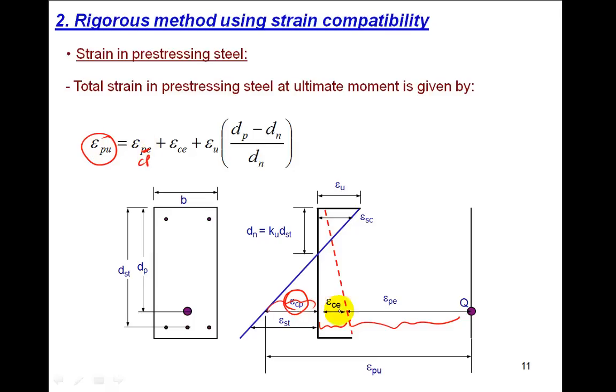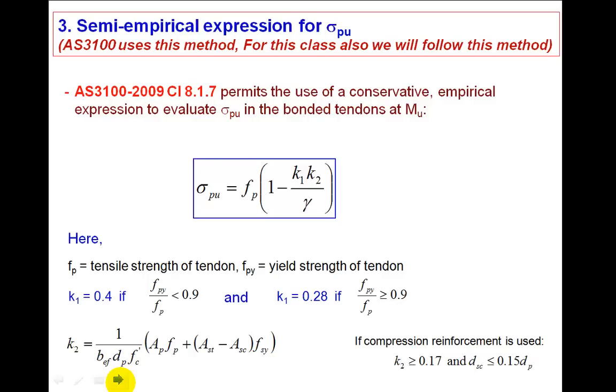So epsilon CP plus epsilon C plus epsilon, sorry, this is epsilon P, yes, fine, and this parameter is epsilon CP. So you will have the total prestressing strain here, and you know whether it is yielding or not yielding. And that is a more rigorous method of finding the ultimate moment capacity in the prestressed beam.